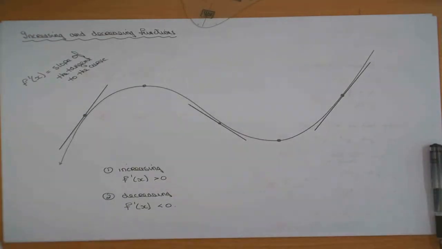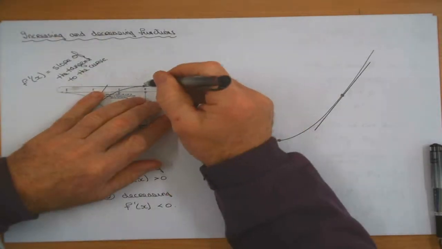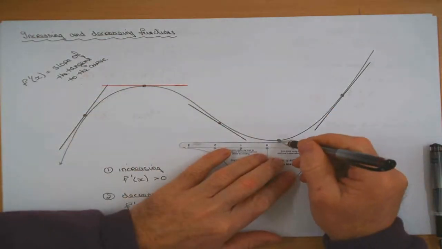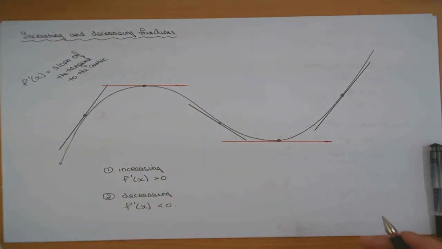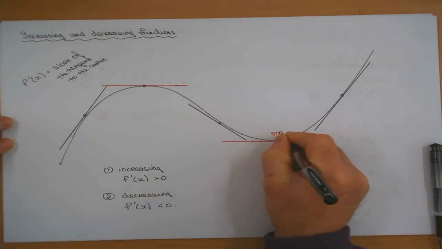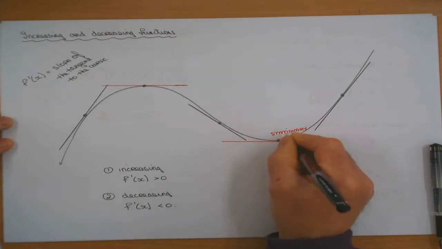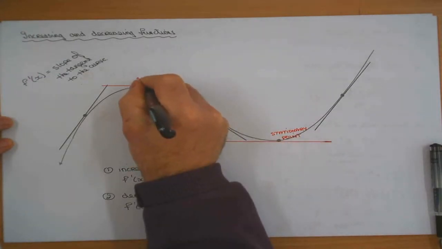At these 2 points, which are known as the stationary points, there's the slope of the tangent to the curve. Yes? And that point there is known as a stationary point. Stationary because the graph is neither increasing nor decreasing, and that's another stationary point.